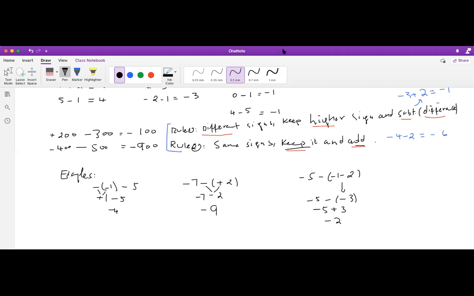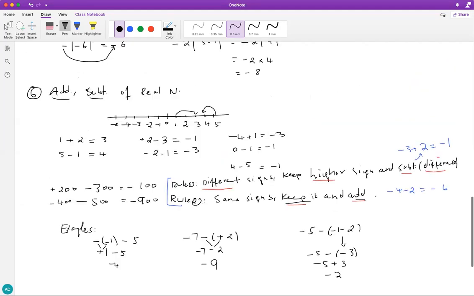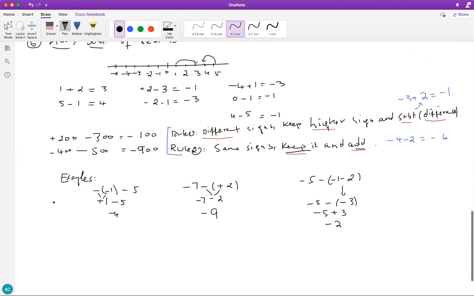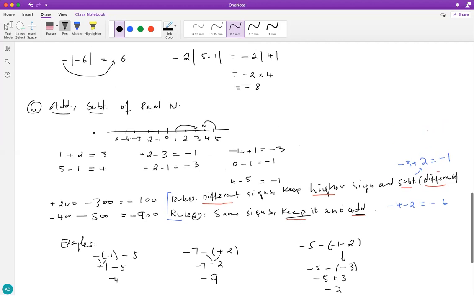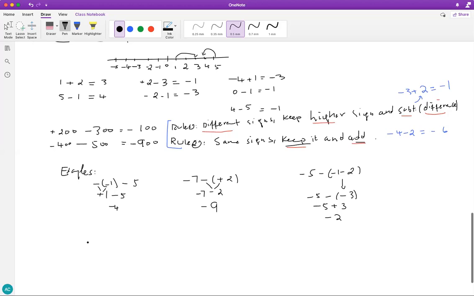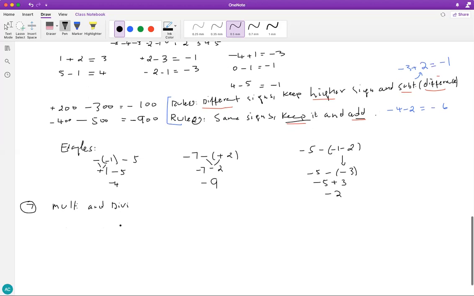Okay, so the next thing is number 7. Now we're going to see the rules of multiplication and division. All that we learned so far only applies to addition and subtraction. Do not confuse this with the next section, which is multiplication and division of real numbers.